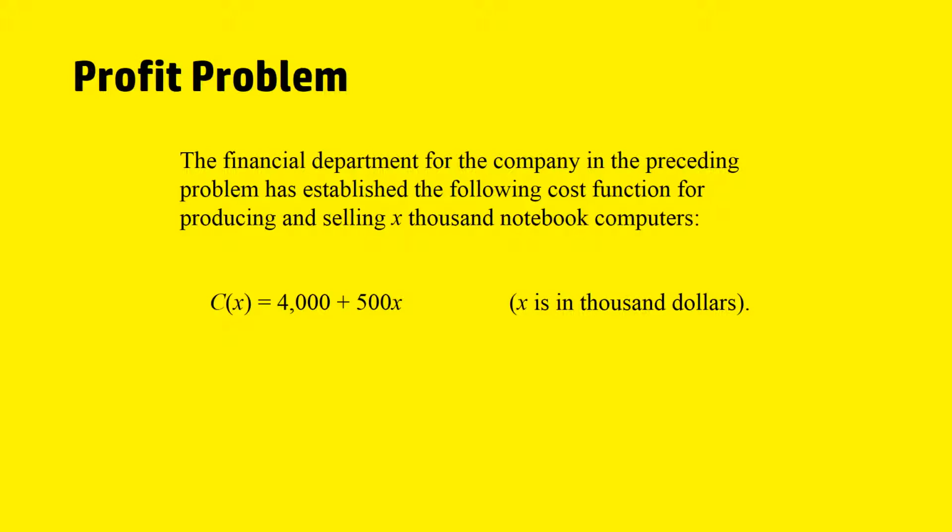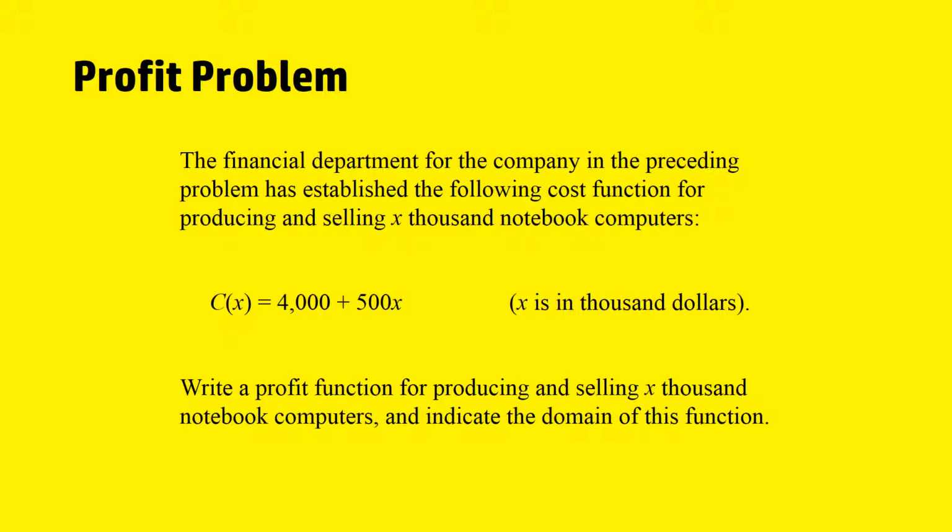And then of course we're going to turn around, since this has been called a profit problem, and write a profit function for producing and selling x thousand notebook computers and indicate the domain of this function. The set of x values that are allowed.